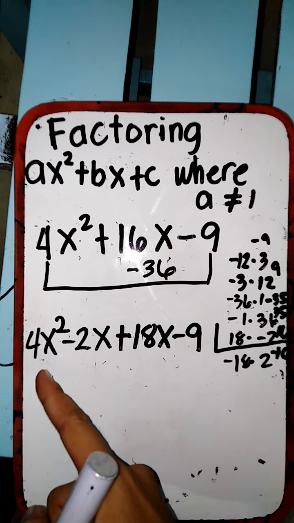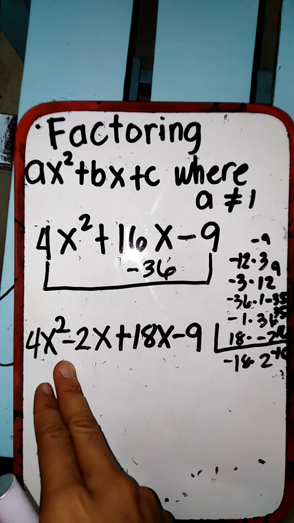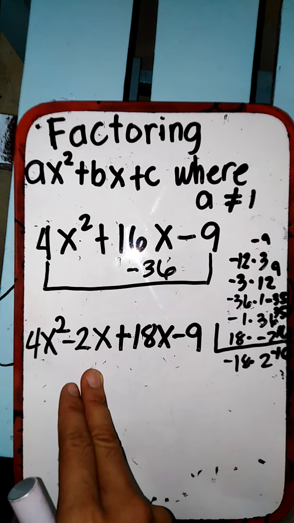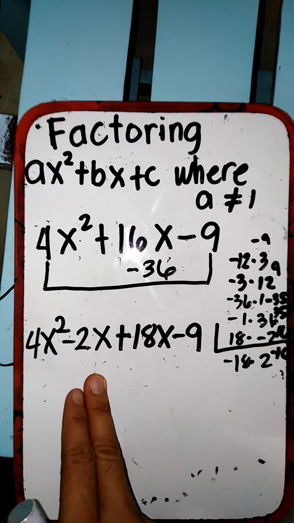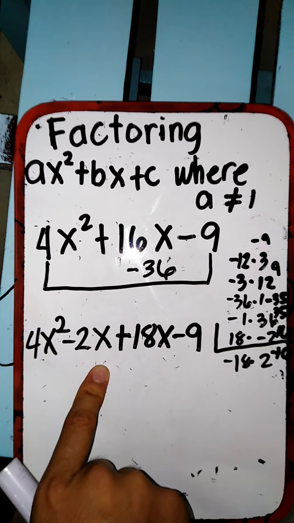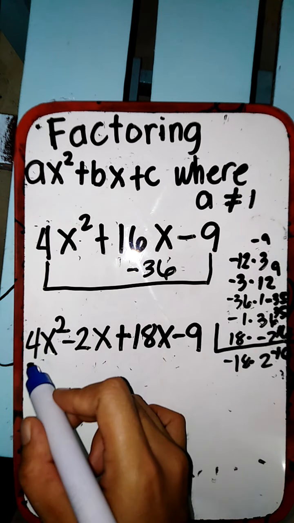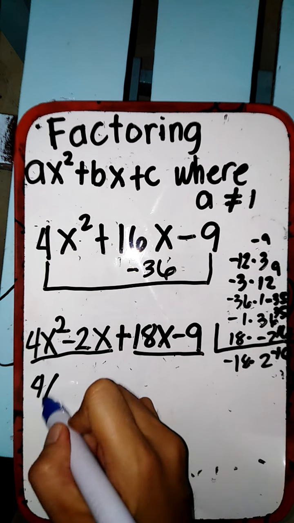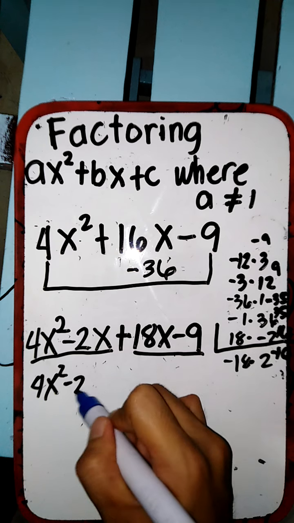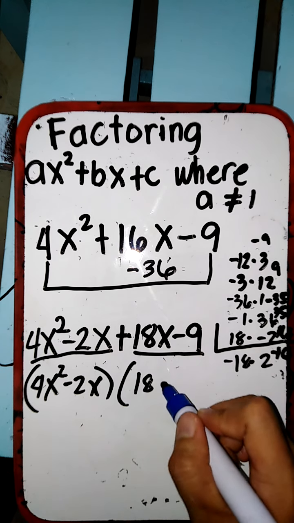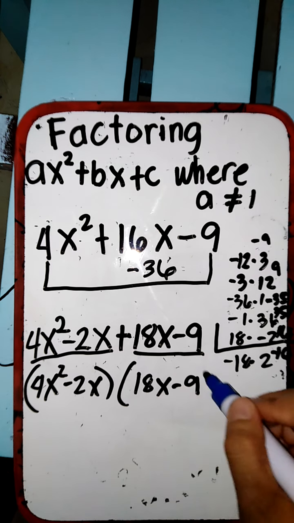This new expression is now a four-term polynomial, so we can factor it by grouping. Our first group is 4x squared minus 2x, and our second group is 18x minus 9.